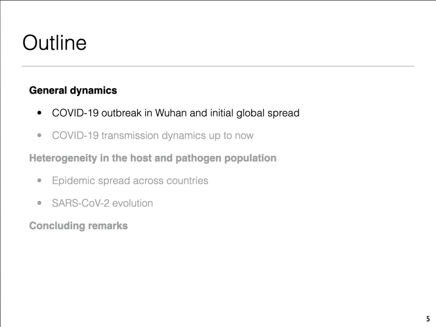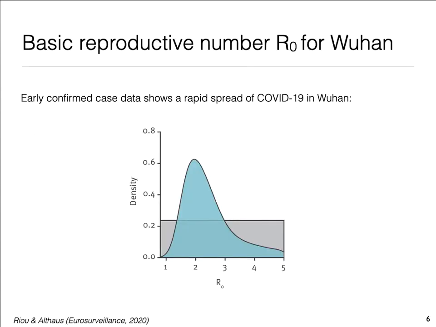Let's go back more than 1.5 years ago and look at the outbreak in Wuhan. Julia Riot and Christian Althaus, colleagues from the University of Bern here in Switzerland, looked at confirmed case data very early from Wuhan. And they essentially tracked how fast the number of confirmed cases was increasing over time.